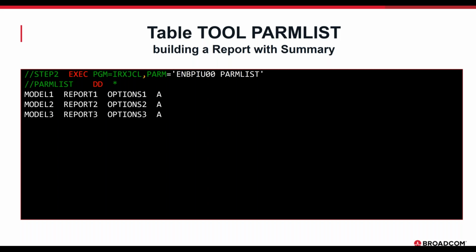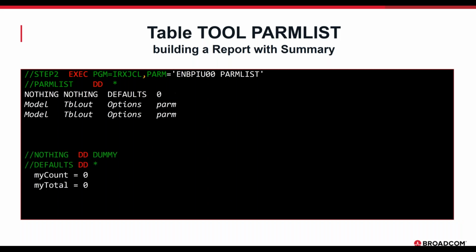Quite honestly, more frequently, you'll see the parm list used this way. The parm list will itemize on each record or each row a DD name for a model, a DD name for a table out, and a DD name for options. This is more typical.